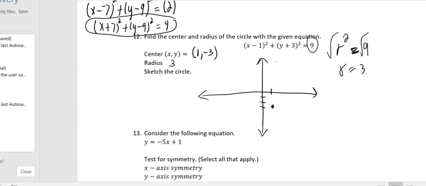And from that point, I'm going to go up 3, down 3, left 3, right 3 to get the outers of the circle, right? So 1, 2, 3 would be here. And then 1, 2, 3 would be here. 1, 2, 3 would be here. And here. And then you would draw your circle.